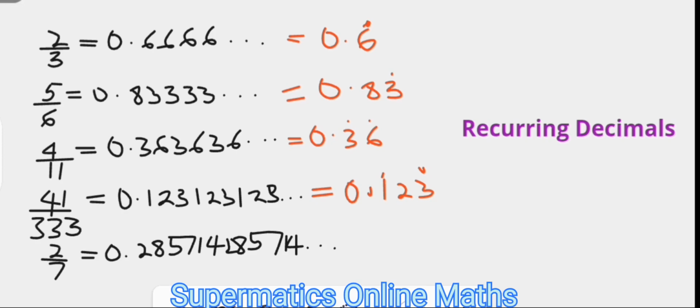And the last one is written as 0.285714. Again, we could put dots on each digit, but then it's only the first and the last recurring value that matter most. Now, let us see how to convert these recurring decimals to fractions.